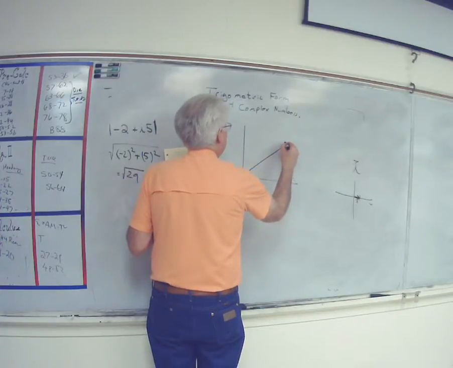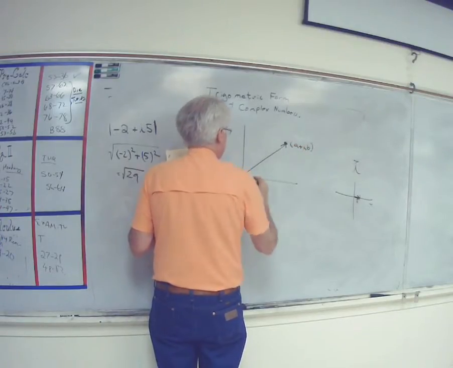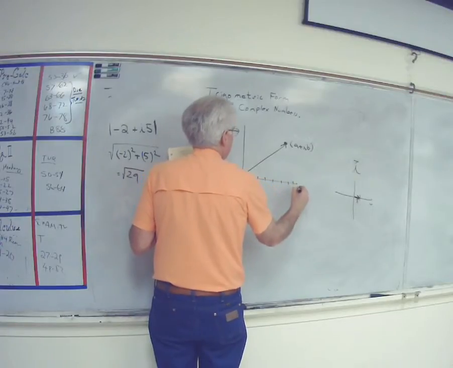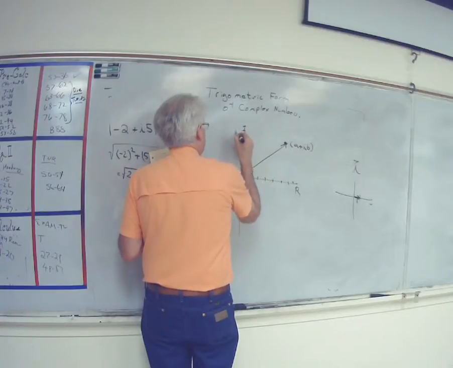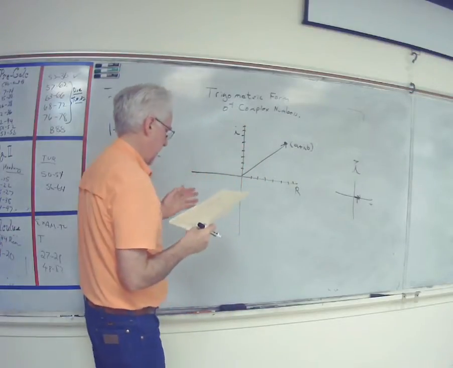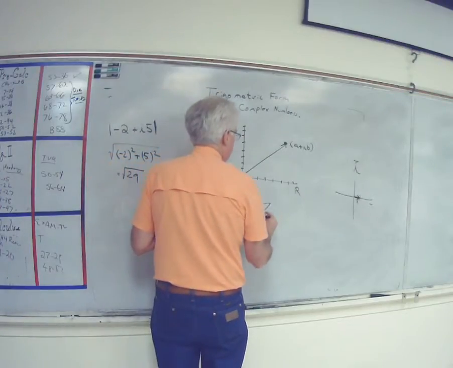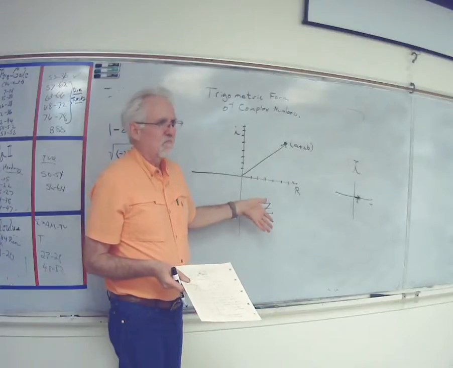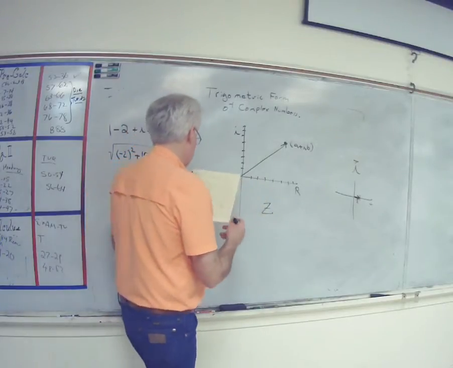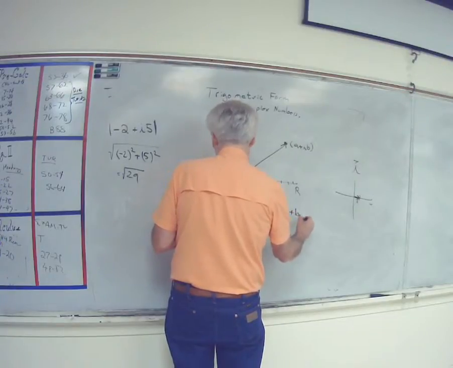This is the complex number a plus ib, with the real axis and the imaginary axis. We could say this complex number z, a lot of times z is the variable you use for a complex number, is equal to a plus bi.